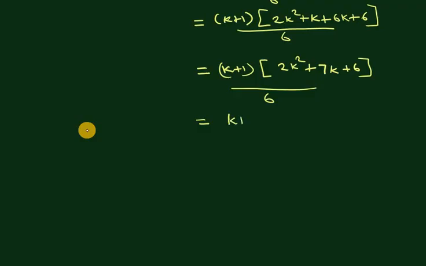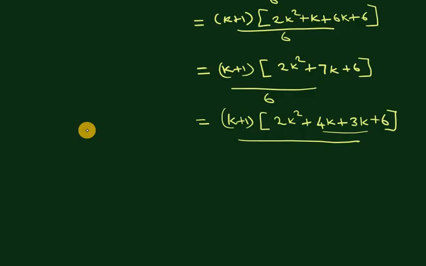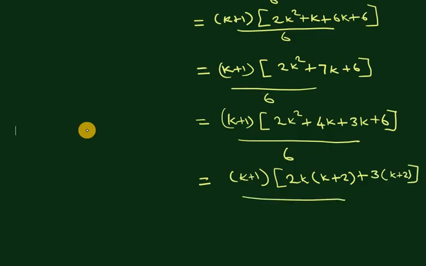From this, I am getting k plus 1 into, I can write this 7k in the form of 4k plus 3k plus 6. This modification is to factorize the corresponding term, divided by 6. It is equal to k plus 1 into, from that I can take 2k out, so then you are getting k plus 2 as the remaining, and plus, from that you can take 3 outside, then you are having k plus 2 as the remaining, whole divided by 6.